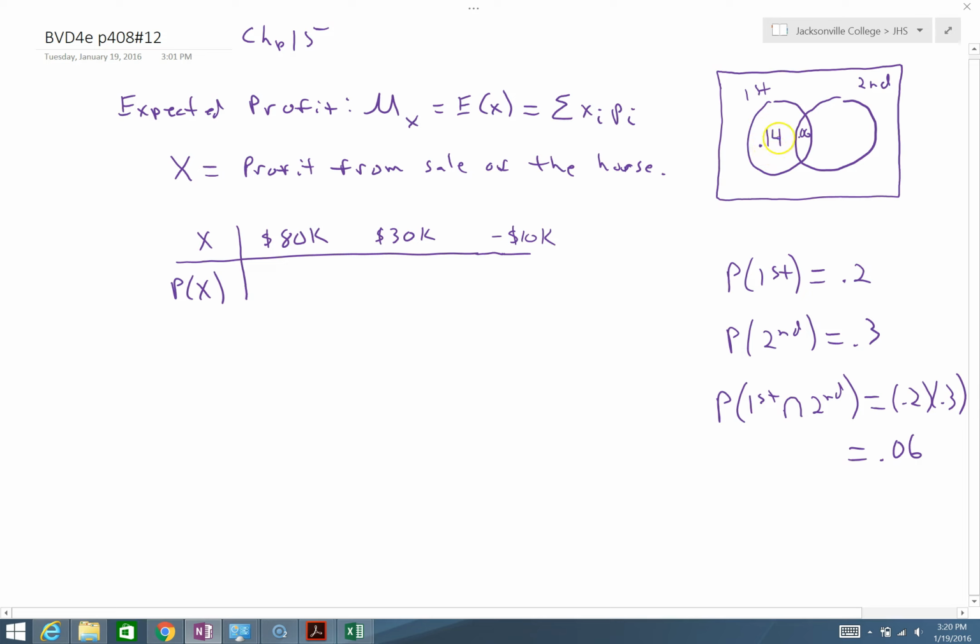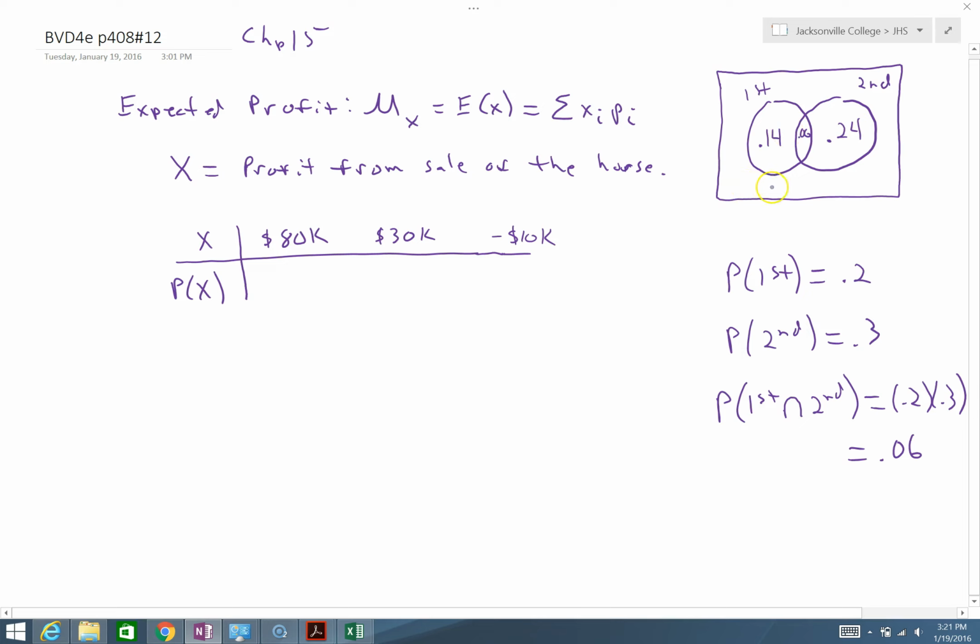This 14% is the chance that he wins the first race, but not the second race. So the second race circle is 30%, but we've already used this 0.06, so it's 0.24. This is the chance that he wins the second race, but not the first race.